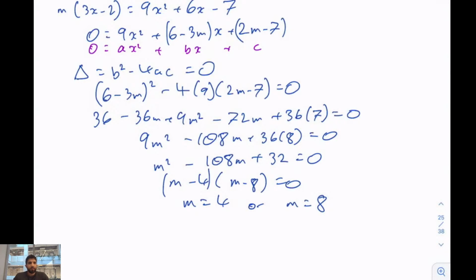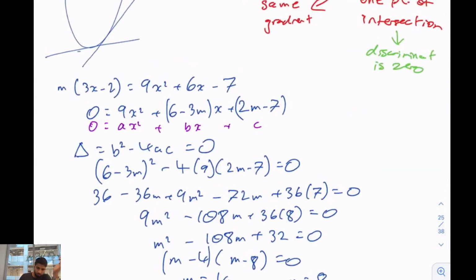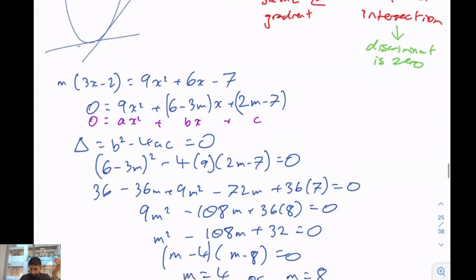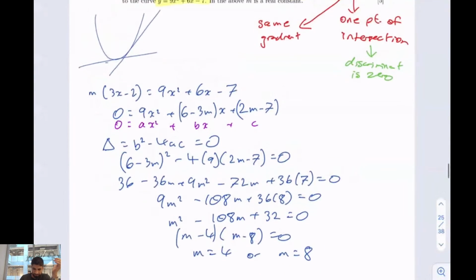So what does that mean? Well, it's giving us two m values. It's telling us that for when m is 4, there will be one solution to the intersection of the curve and the tangent, and the same thing will be true when m equals 8.